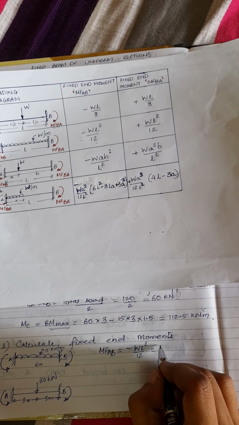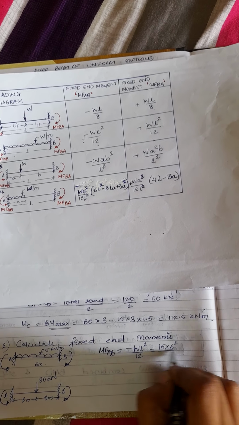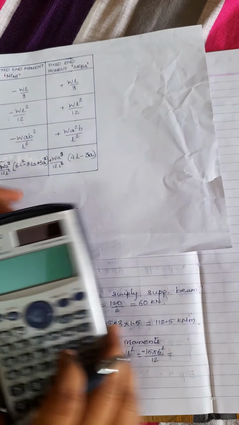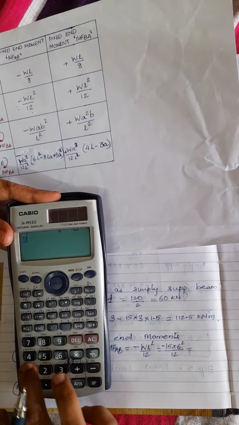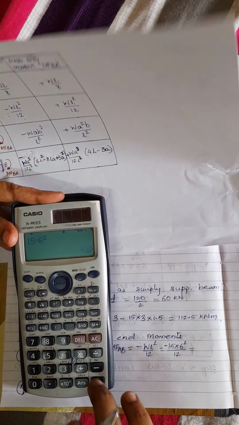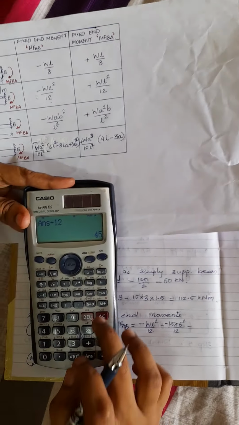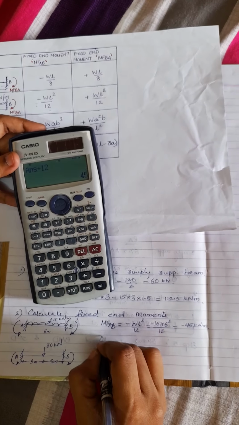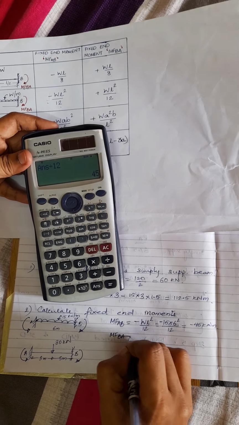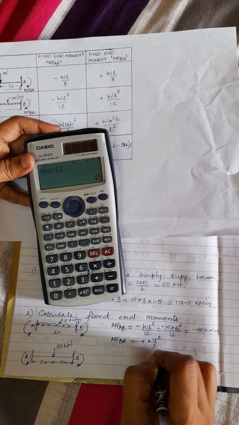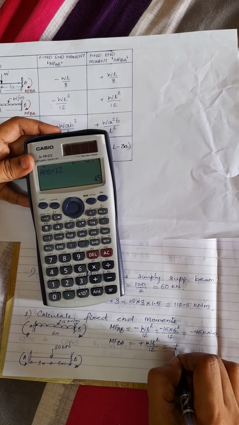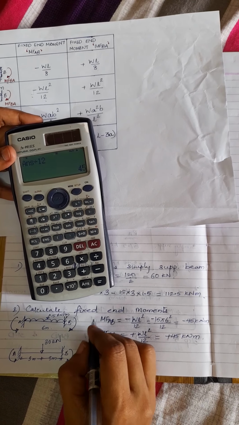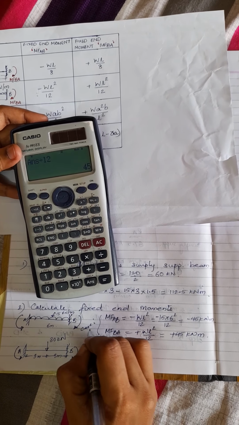How much is it? 15 into 6 square divided by 12, which is equal to minus 45 kilonewton meter, and MFBA is plus WL square by 12, which is positive 45 kilonewton meter. This is for case 1.